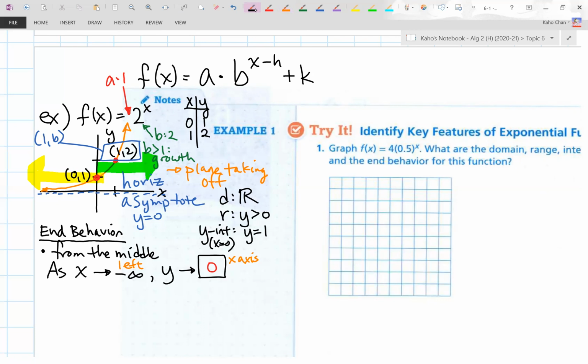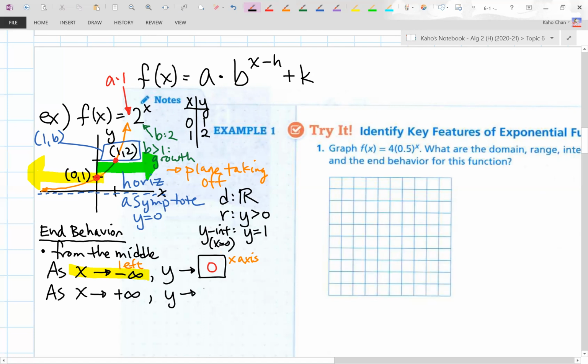Let's go the other way. So that was yellow, right? As x approaches negative infinity, what's happening? It's going to 0 from the middle. Let's go the other way. As my domain goes to the right, positive infinity, the y value approaches what is the question? So here I'm going to the right, and I'm using green.